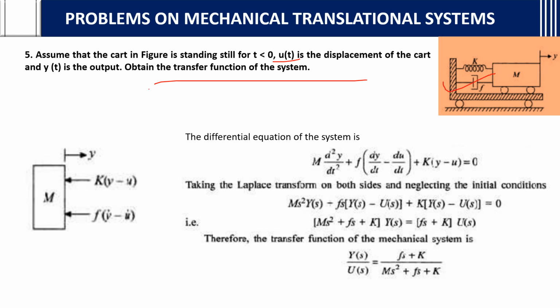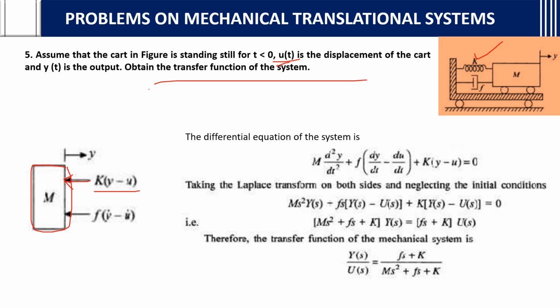Here, don't get confused with all these things. What we want are the elements and the directions in which they are moving. What should we consider? Mass element. Does it have any force? No. So we have the spring element k, and the displacement they are telling you. So we write k into y minus u. Why?